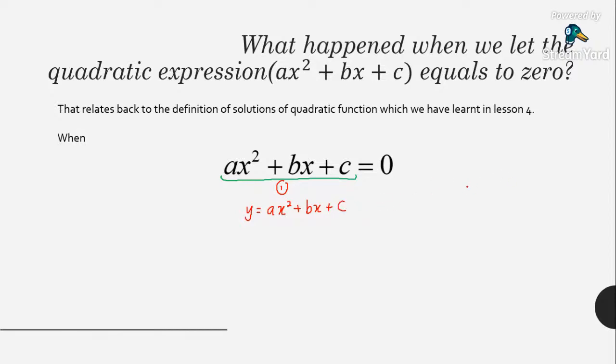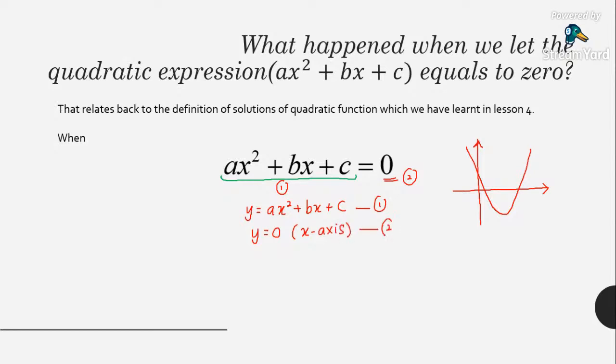When we draw it in a graph, this is a quadratic graph. Then this is your second equation, y equals 0.